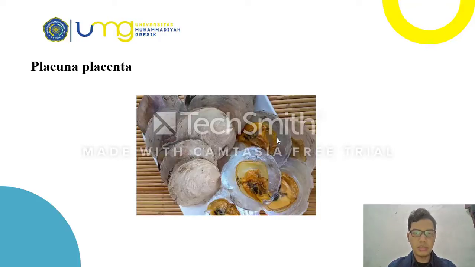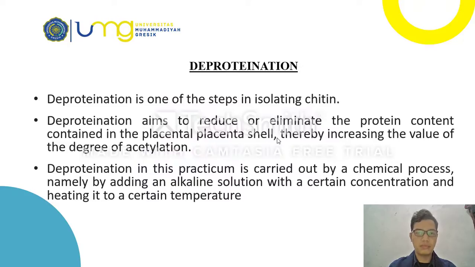The scallop shell contains 14 to 35% chitin.